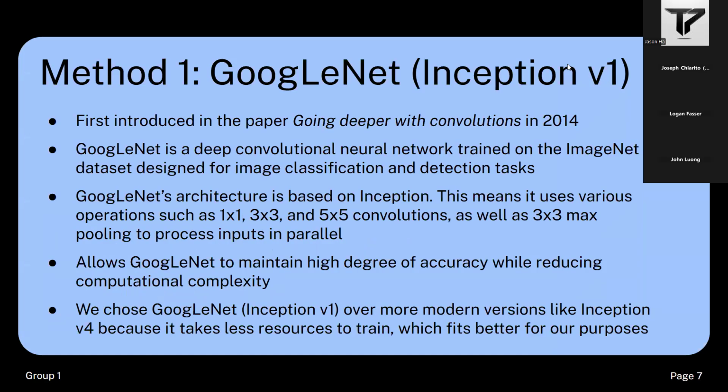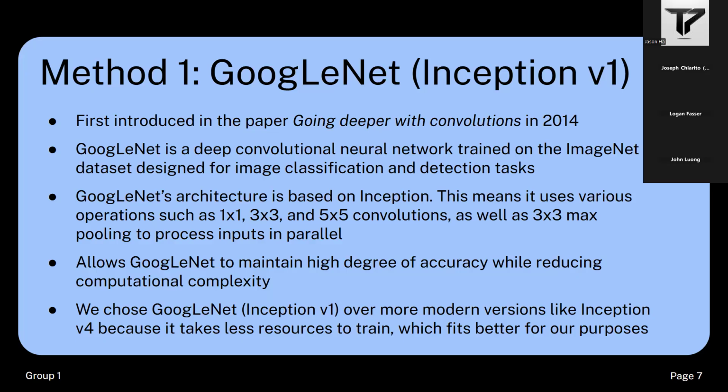Now, for our first method, we implemented GoogleNet or Inception v1. This method was first introduced in the paper Going Deeper with Convolutions in 2014. It's a deep convolutional neural network trained on the ImageNet dataset, and it was designed for image classification and detection tasks.